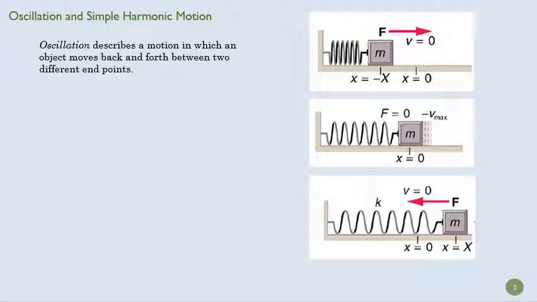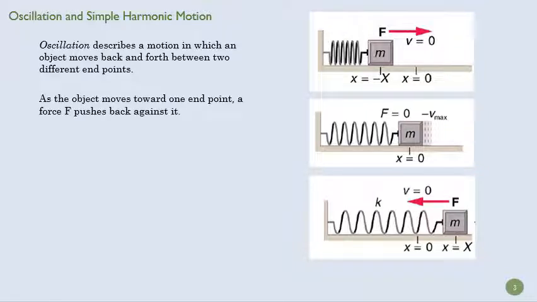And what's happening is we're converting energy from spring energy here with the compressed spring to kinetic energy in the middle, and then to spring energy again over here. As the object moves towards one endpoint, the force is always pushing back against that motion.